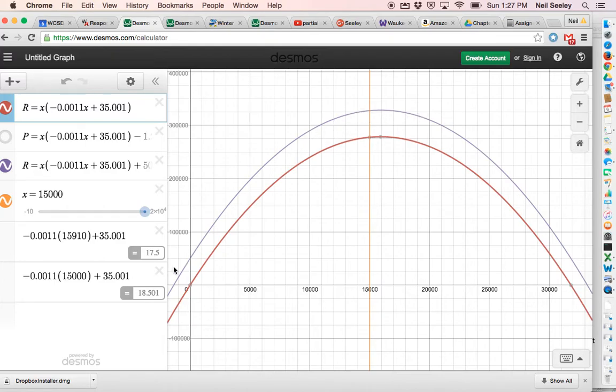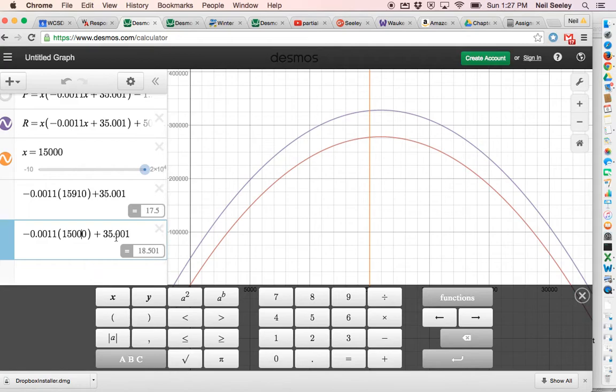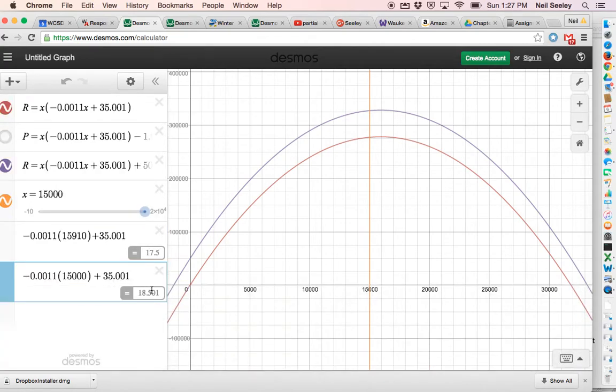That's a good deal. The deal is, though, if I get my price too high, if I get to $18.50, I'm only going to sell 15,000 units. I'm raising the price to $18.50. You can see down here on the lower left. If I do that, I'll sell fewer units. So you have to decide: at $18.50, you project selling 15,000. We all know that reality is never going to be exactly what the projections give to us.